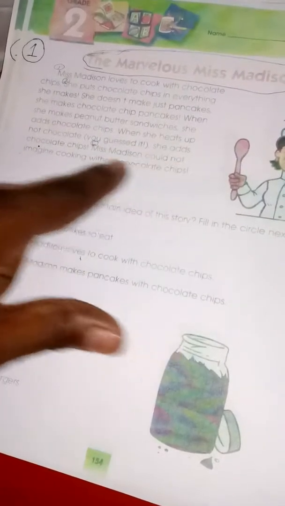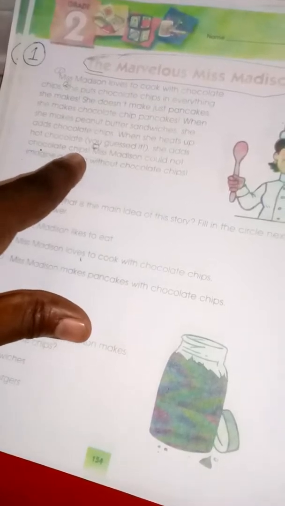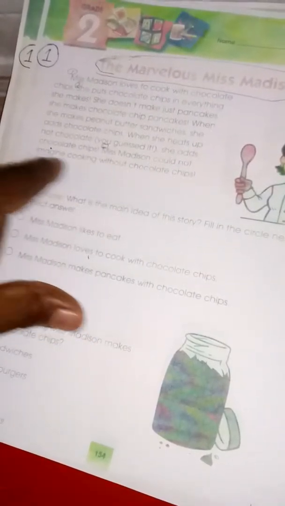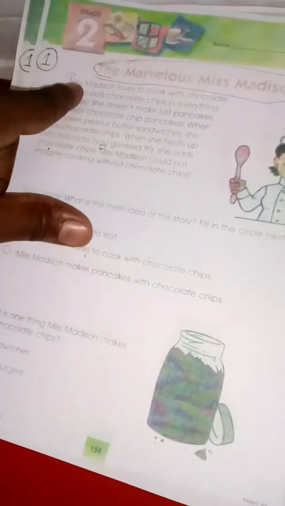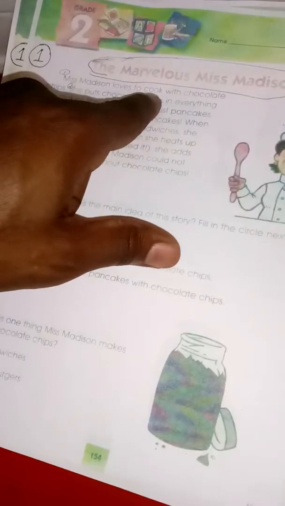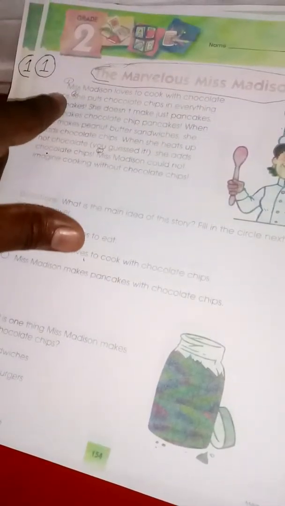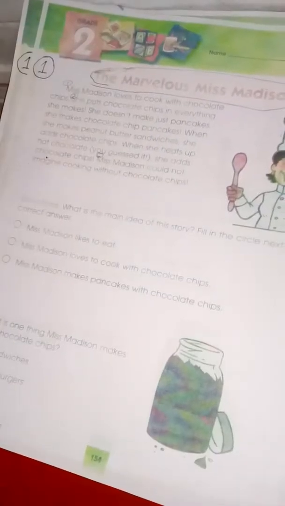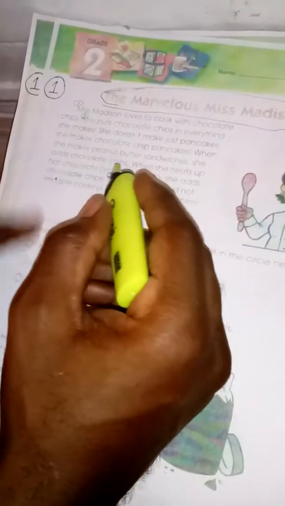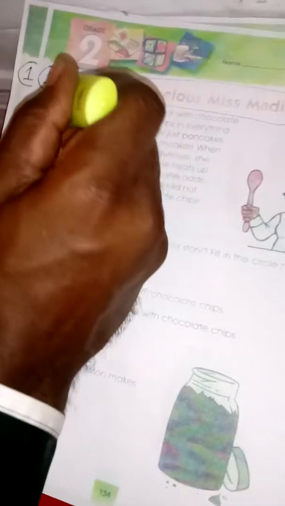You guessed it, she adds chocolate chips, right? And the last sentence says she couldn't imagine cooking without chocolate chips. So I know that Miss Madison loves to cook with chocolate chips. I know that's the main idea, because it's talking about her loving to cook with chocolate chips.